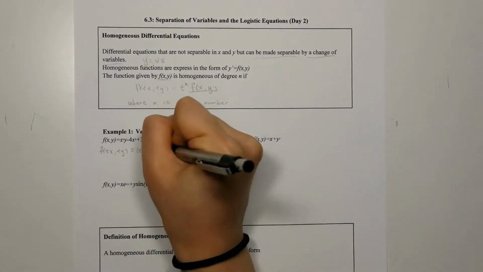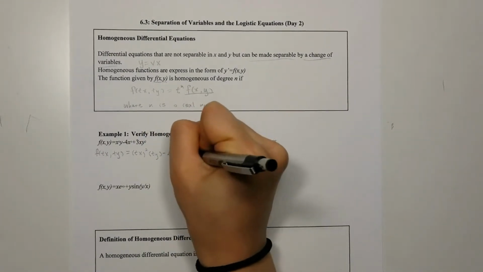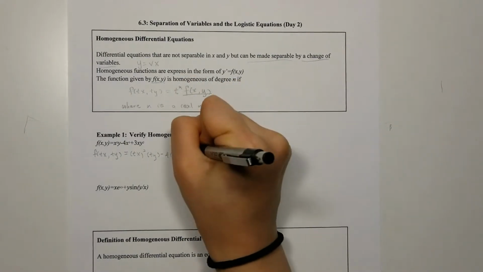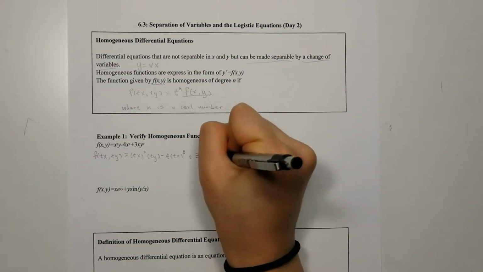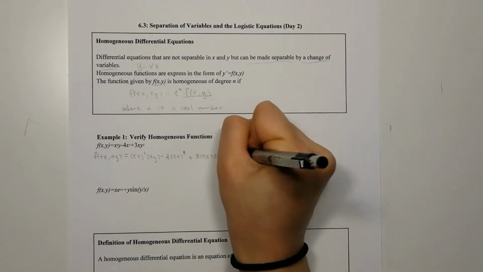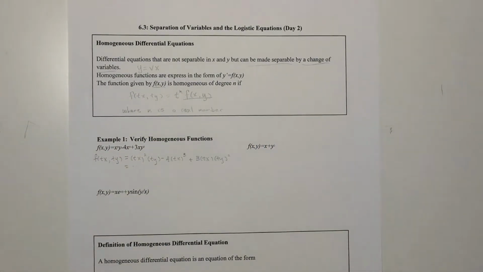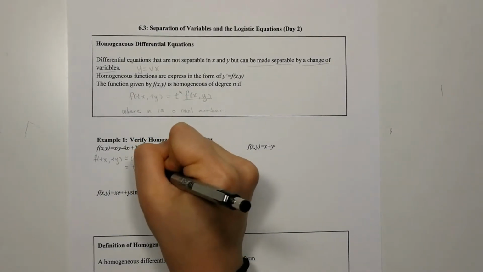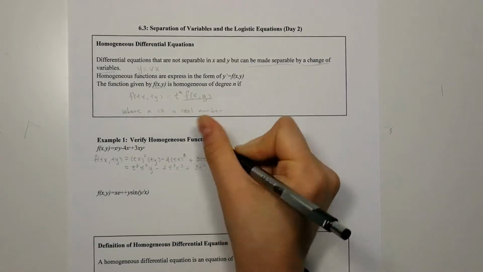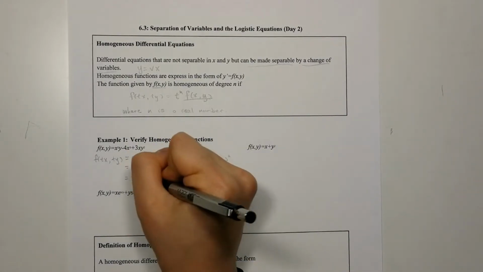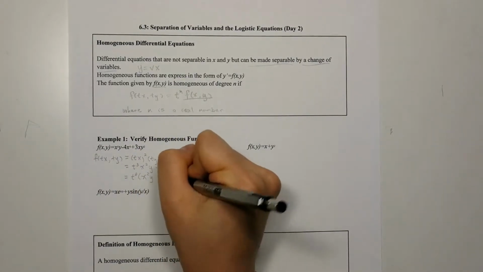So (tx) to the power of 2, (ty) minus 4, (tx) to the power of 3, plus x (tx) (ty) squared. Then we'll have to simplify it. Then pull out t to the power of 3, you'll get this.